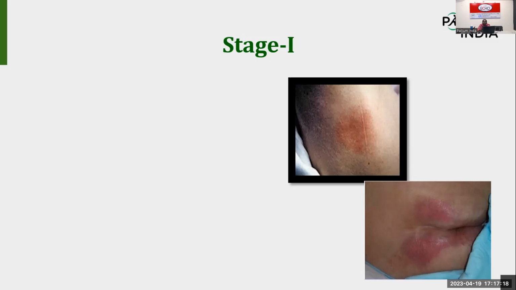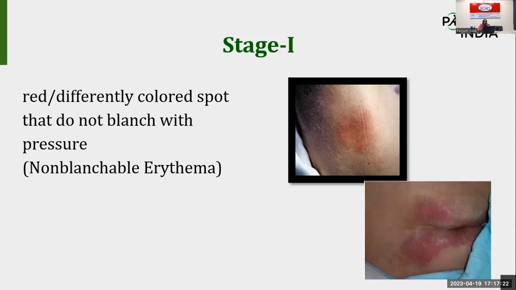If you see this kind of color change in the patient, apply finger pressure on that area. If the red color remains there, that is stage 1. That is called non-blanchable erythema. We will discuss the management later.